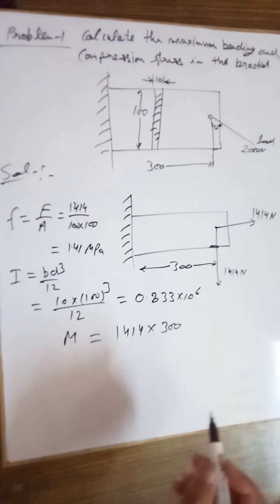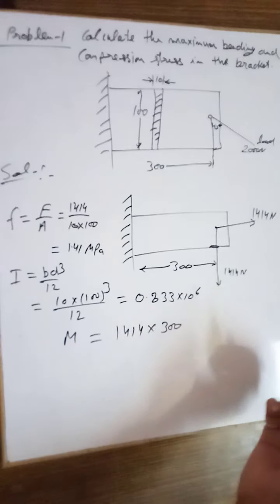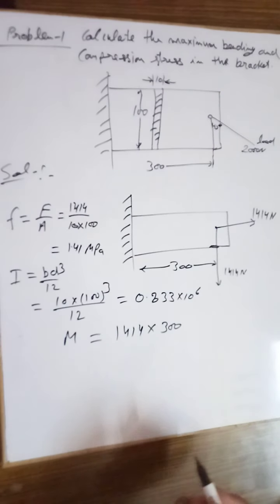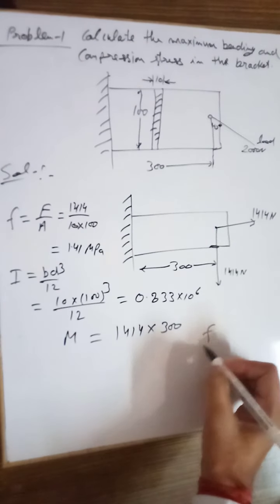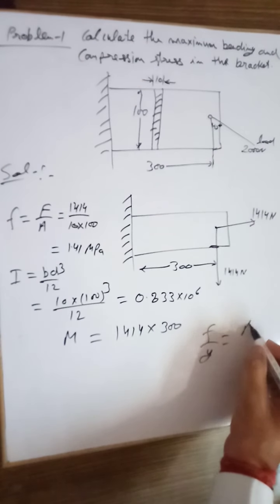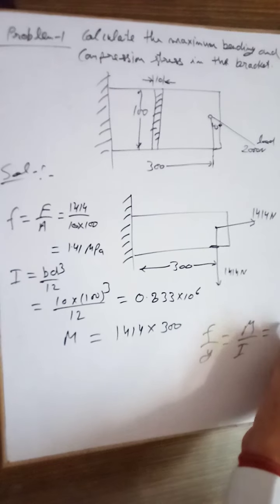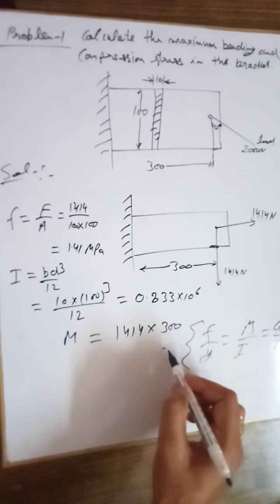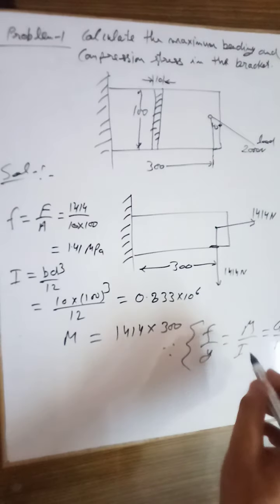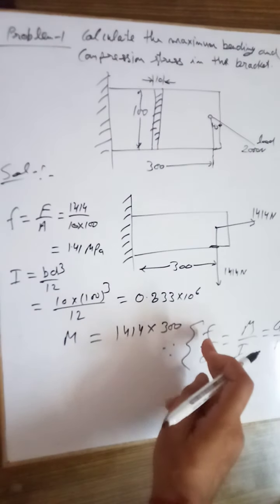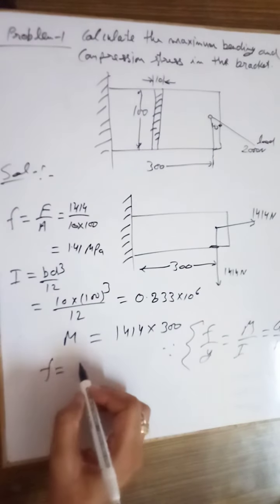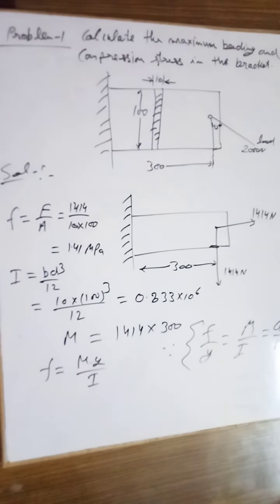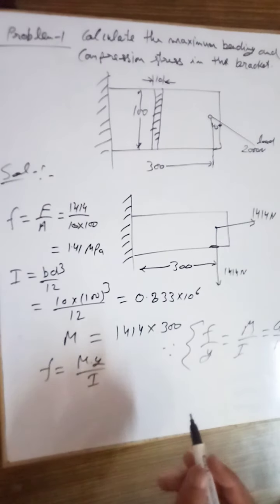So we know that in my previous lectures when we derived the relation for the bending moment, it is F by y equals M upon I equals E theta upon R, as I think you remember. So for that we will use this first term. The value of F can be written as M y upon I, and the y is also given, that is 50 in this case.